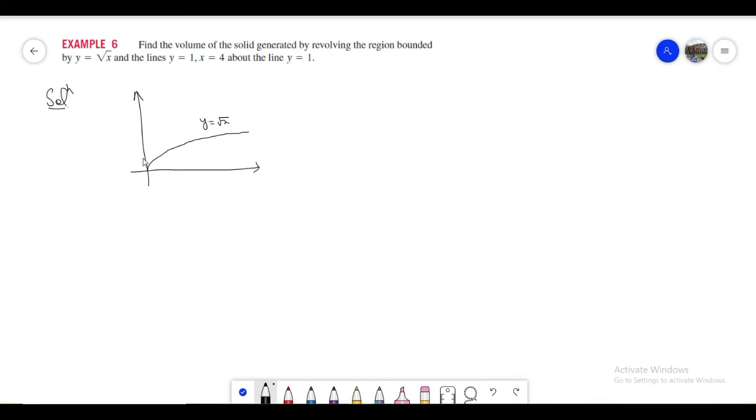So the line y equals 1 is somewhere here. This is bounded by this, and up to x equals 4. So this is of course the x-axis, this is 4. We can call this 3, this is 2, and this is 1.